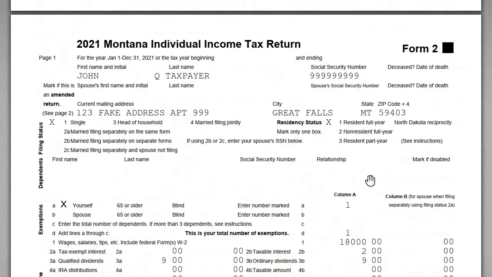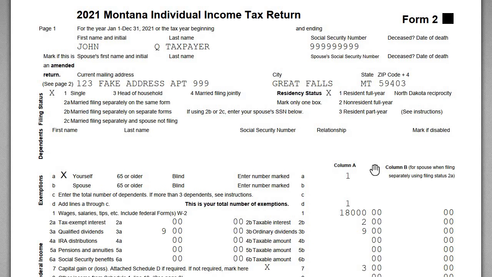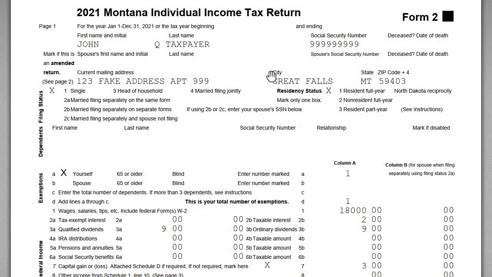Now, when he moves on to his Montana return, Montana uses the 521, so it uses that federal piece, and it takes 3% of the federal earned income credit amount. So we've got John's resident return here, right? John Q. taxpayer, single filer, and his residency status in Montana is a full year resident.